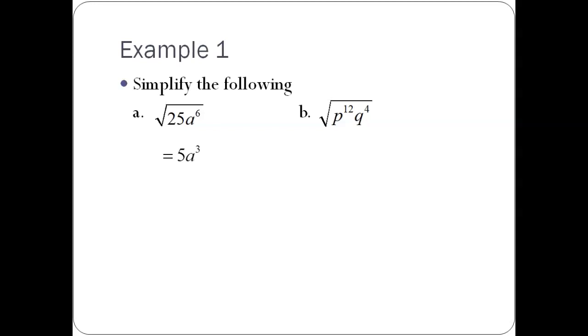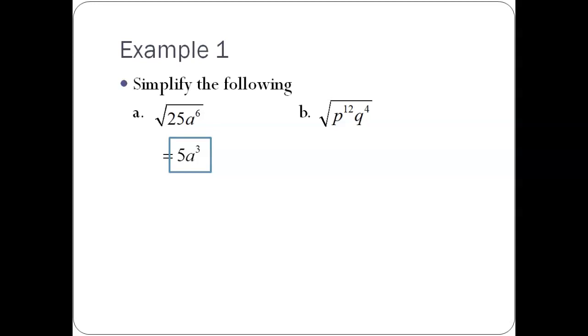Now another way to come up with a to the third is to say, well, as long as the exponent, now make sure it's the exponent and not any other number under the radical, if the exponent is an even exponent, we know it's a perfect square. So what you can do as a shortcut is take the exponent and divide that exponent by 2 if it's under the square root.